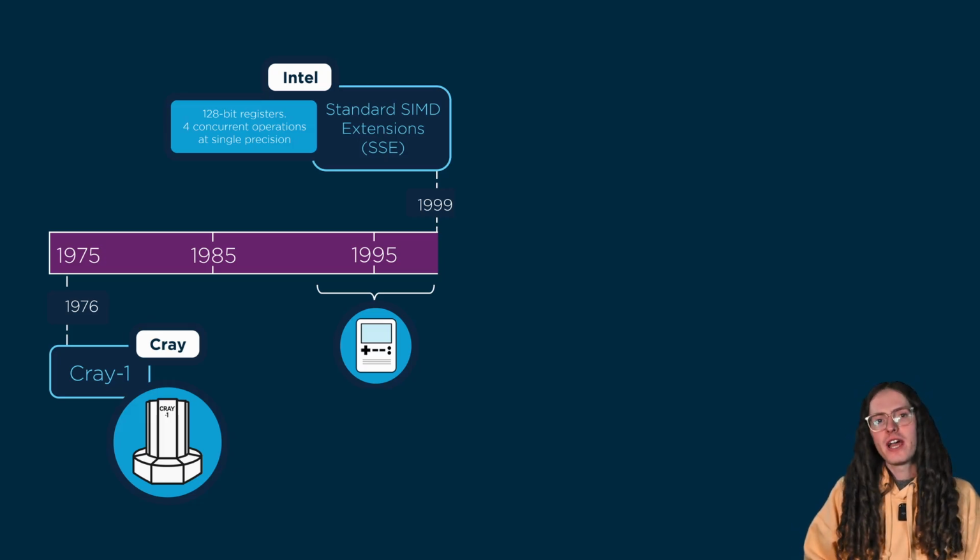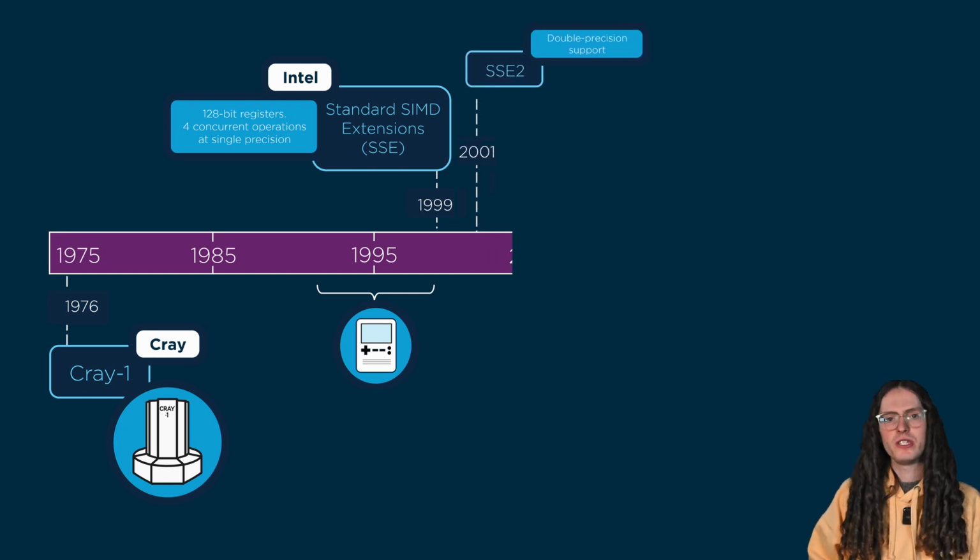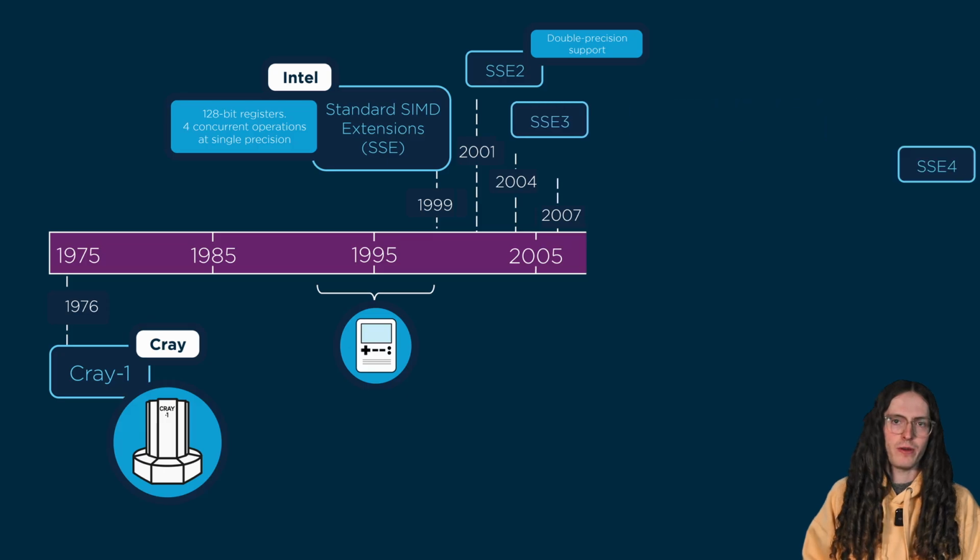Quickly, however, the scientific community realized that this technology was very useful for scientific applications. Since most scientific software relies on double precision computations, Intel was incentivized to introduce double precision support in SSE2. Then further generations of SSE continued to add further operations and functionality.